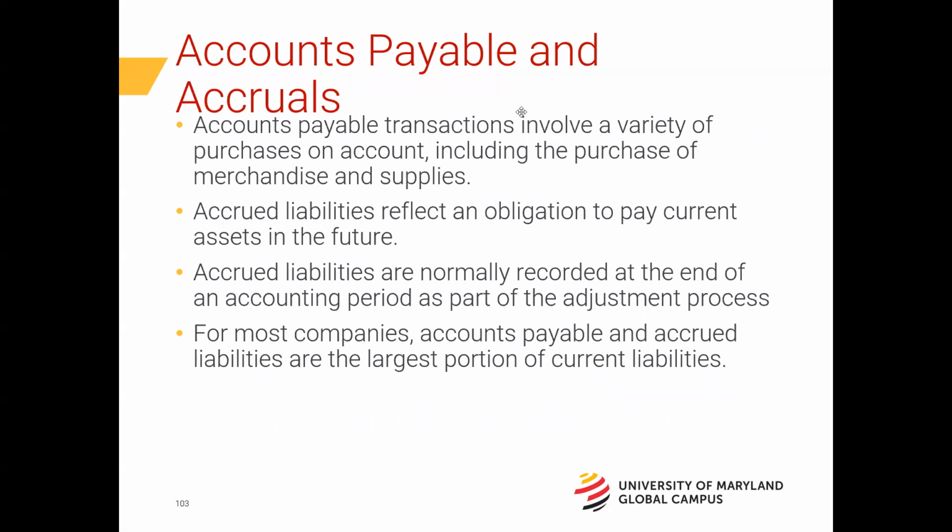Accounts payable, as you know, is when the company makes a purchase on account. That's accounts payable. Or when the company receives a bill but has not yet paid it. That's an accounts payable. We call this an accrued liability. It's a promise to pay in the future.